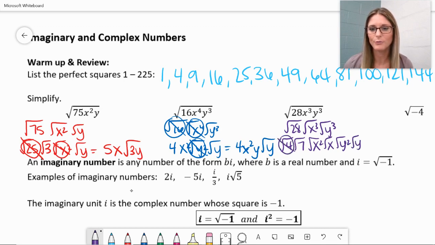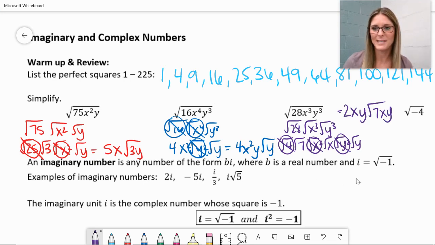Square root of 4 is 2. Can't do anything with square root of 7. I'll leave that in the radical. Square root of x squared is x. Can't do anything with a single x in a radical. Square root of y squared is y. And in the radical, we've got a 7 left over, an x, and a y.